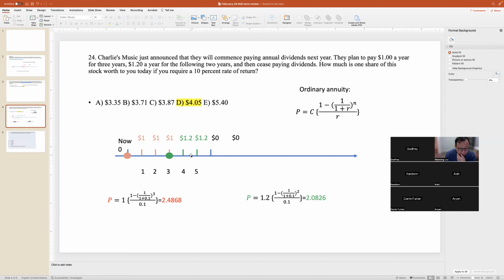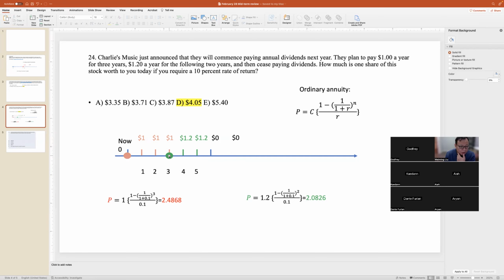With reference to this time point, this structure is an ordinary annuity, and that's why when I use this formula of the ordinary annuity, I'm calculating the present value at the starting point of the time frame.